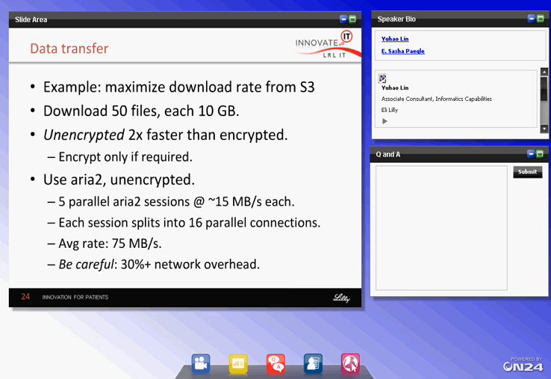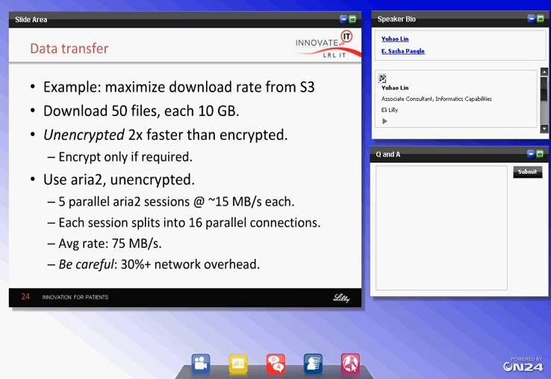So if we use Aria2 to download this data set, you can run 5 parallel Aria2 commands at once. You'll get a speed of 50 megabytes each. If you run any more than 5, the total rate would not go up. So 5 about maxes out the number of parallel sessions.